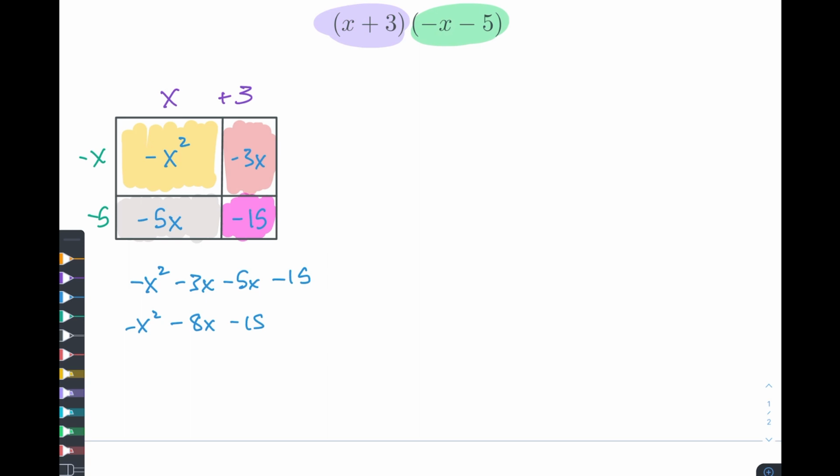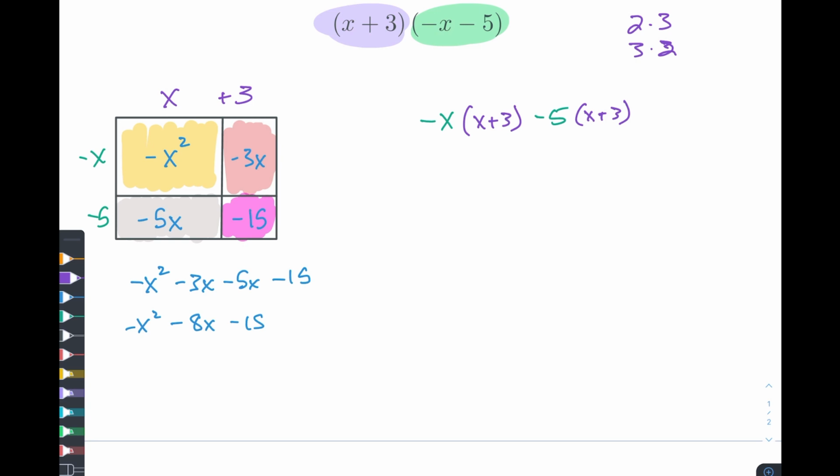Just so you know, if we've got this piece times this piece, that's the same thing as if I were saying 2 times 3. Well, 2 times 3 is the same thing as 3 times 2. So it doesn't matter what order I'm actually going in. So I could break apart the green one. Let's do a negative x times x plus 3. And then we'll do a negative 5 times x plus 3.